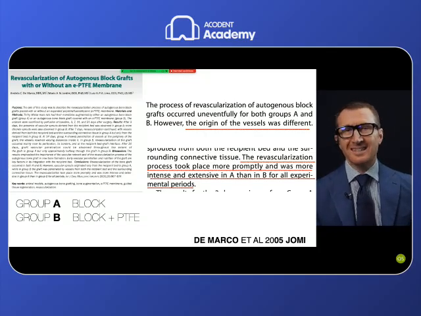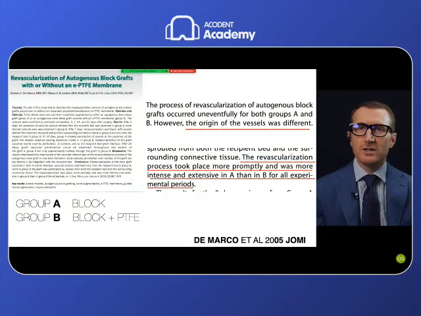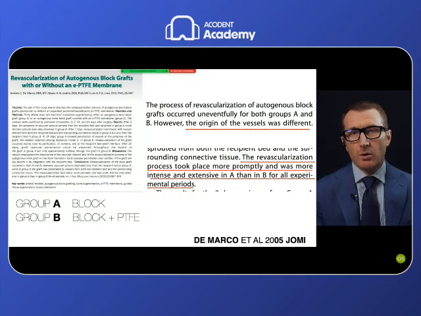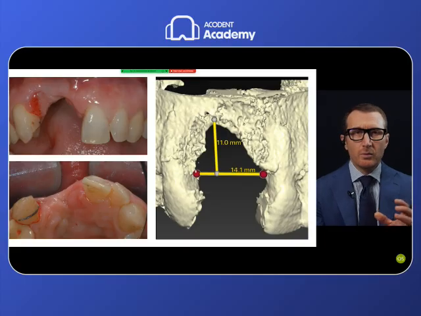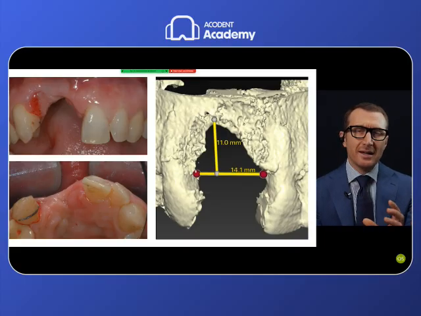And the result is that fewer surfaces supporting the new vessel network formation end up with less bone formation. So placing a membrane is going to change the vascular support and may have a negative effect on the new bone formation. And we try to understand this in a clinical scenario.